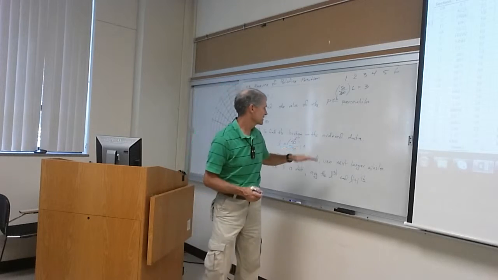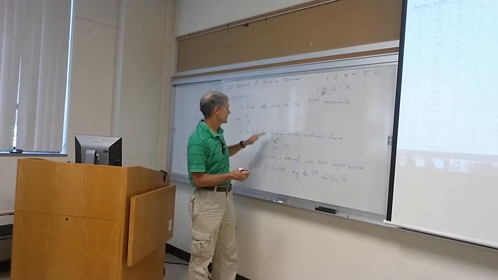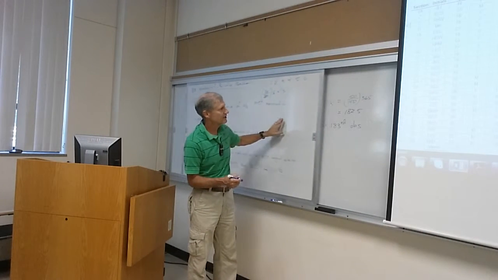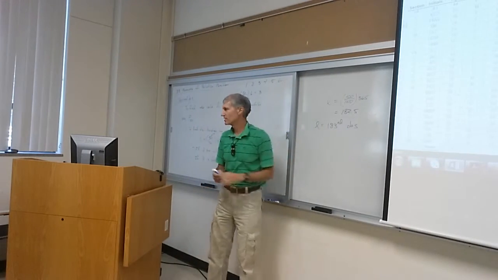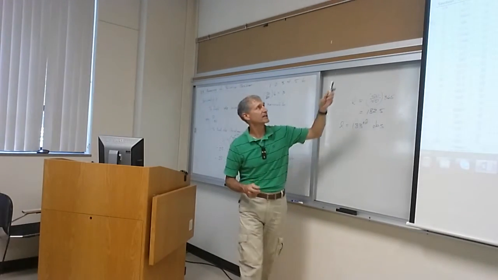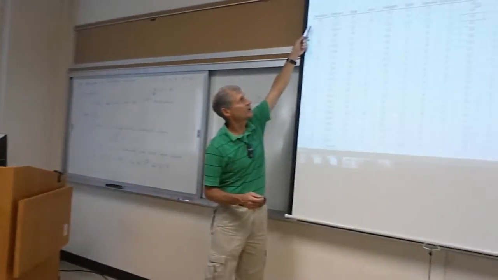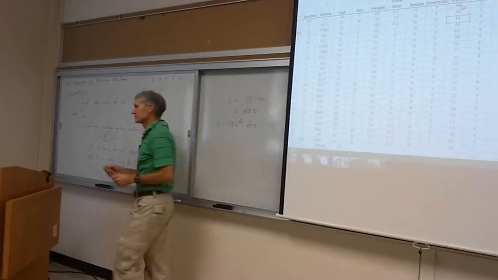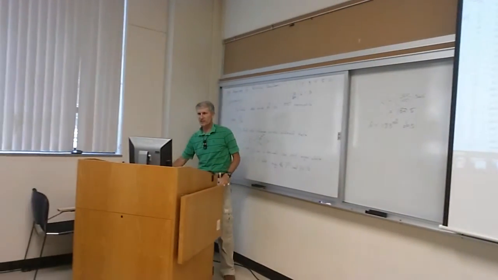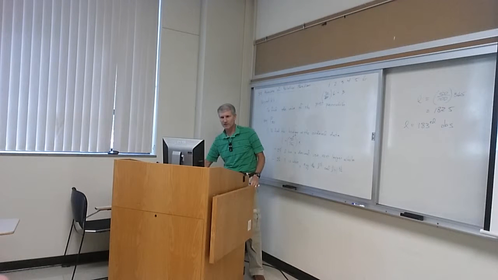I need to find the median, so I need to go to the 183rd observation. The first row has headers in it. Otherwise, I could use this column of numbers as the observation number. But since one row is already used, my 183rd observation will be at row number 184.